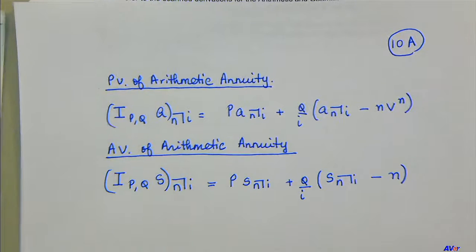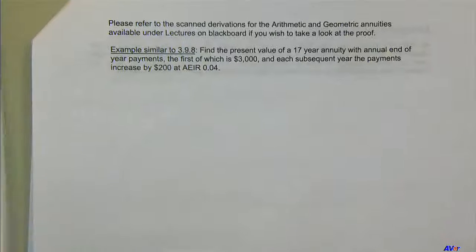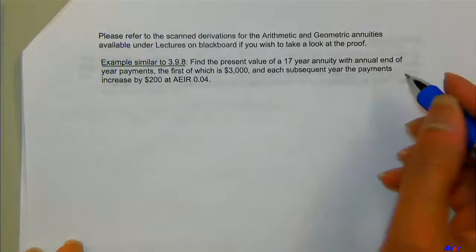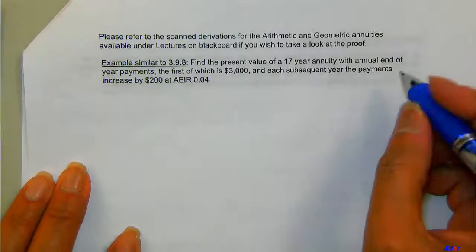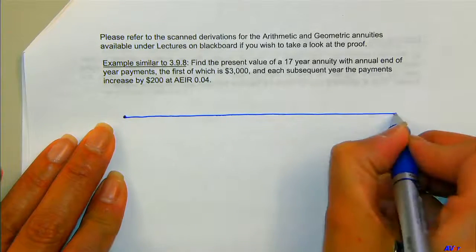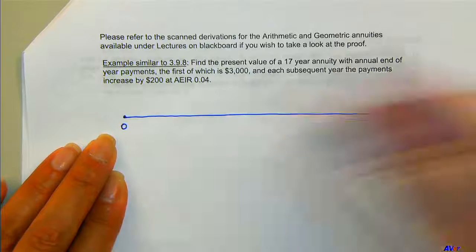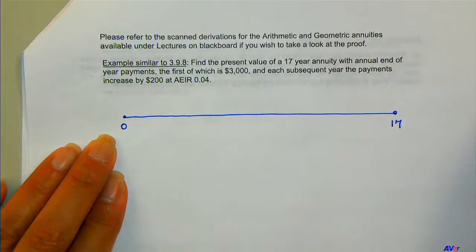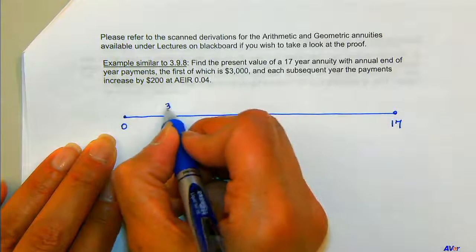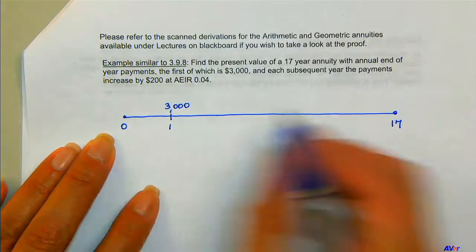So now page 11. Please refer to the scanned page. Yes, you got that. Let's do the first problem. Find the present value of a 17-year annuity with annual end-of-year payments, the first of which is $3,000, and each subsequent year the payments increase by $200.